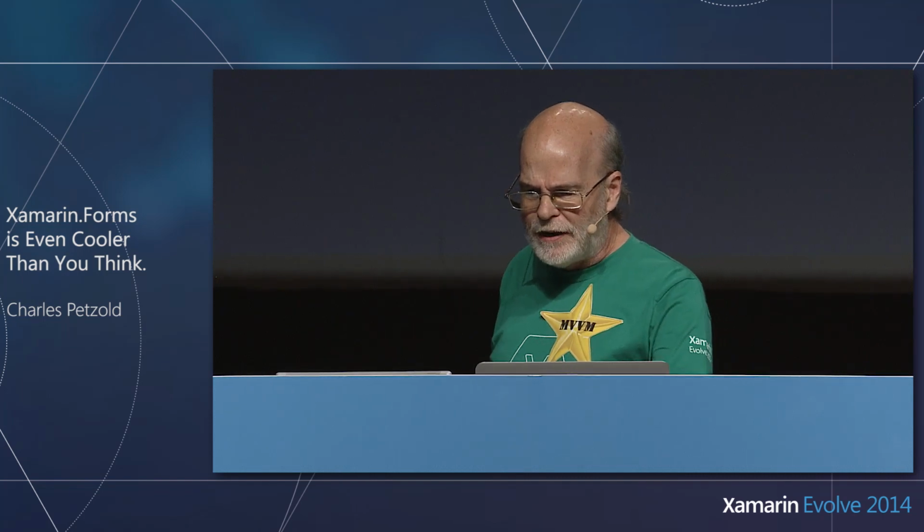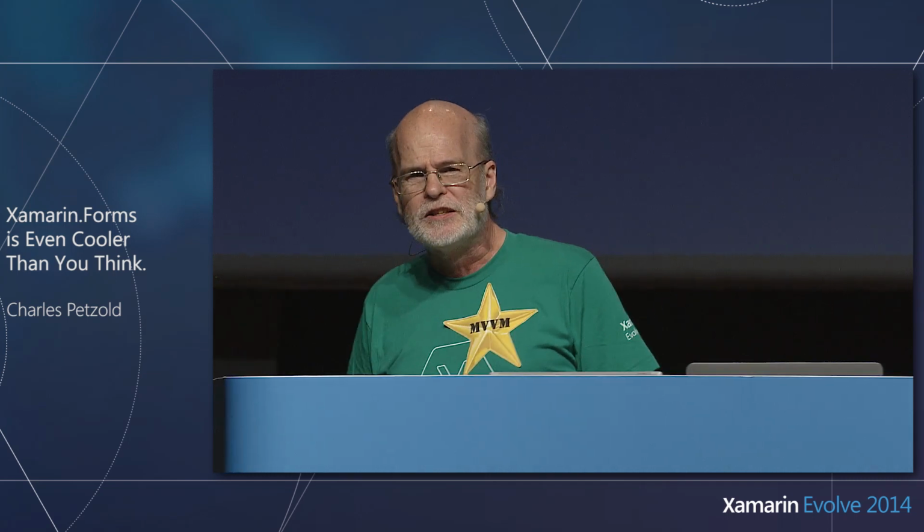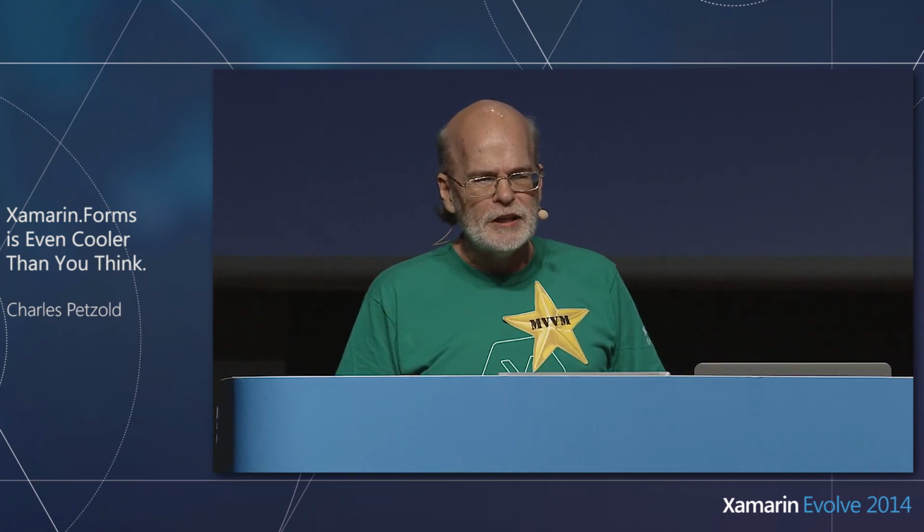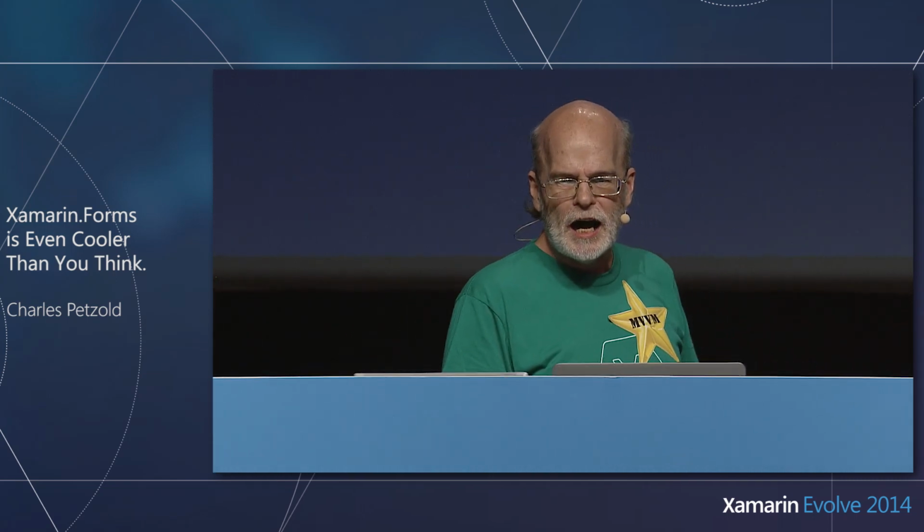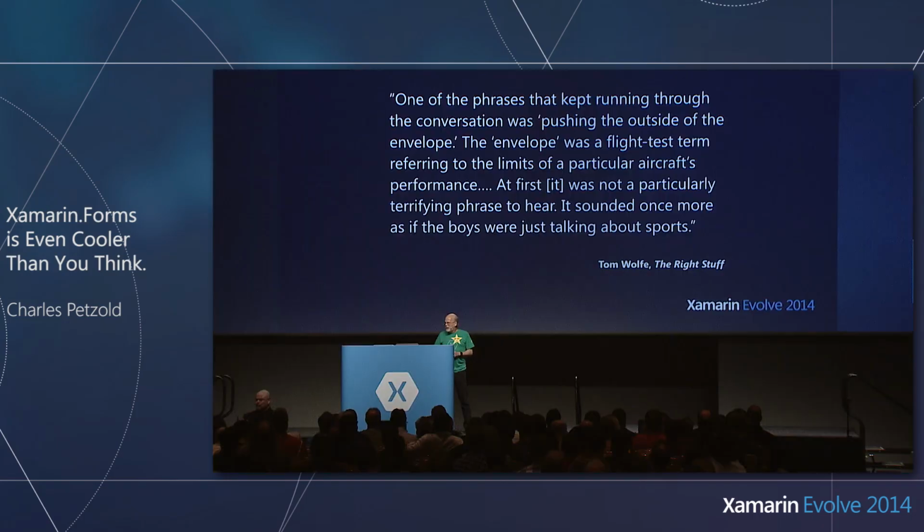However, at the opposite extreme are games. Now, in one sense, trying to code a game in Xamarin.Forms is quite fun because you really feel like you're pushing the outside of the envelope with what Xamarin.Forms can do.